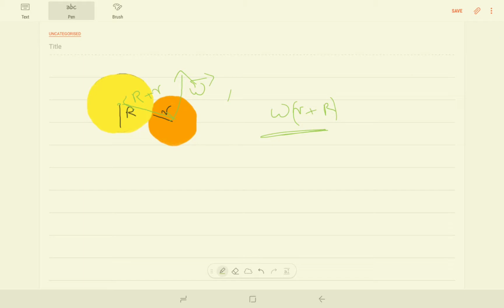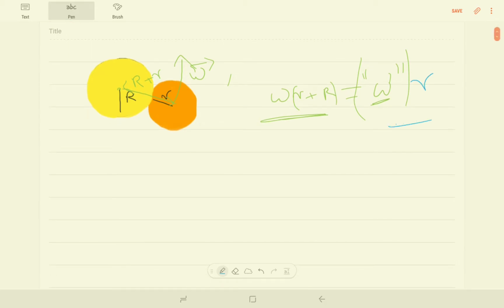Now, for the smaller circle to purely roll about the center of the bigger circle, the speed that it possesses must be equal to the angular velocity about its own axis, which I call omega dash, into small r.